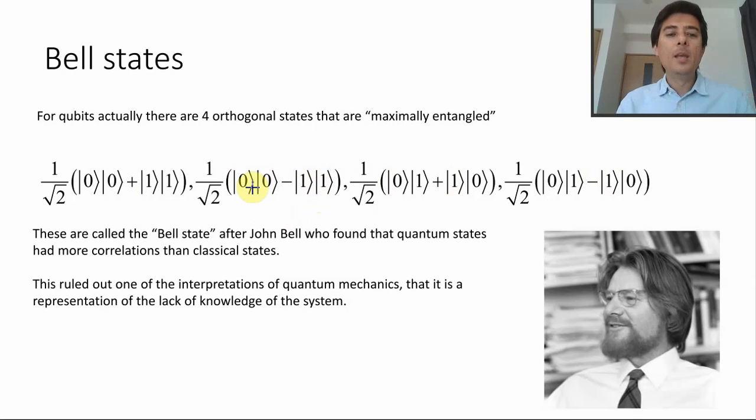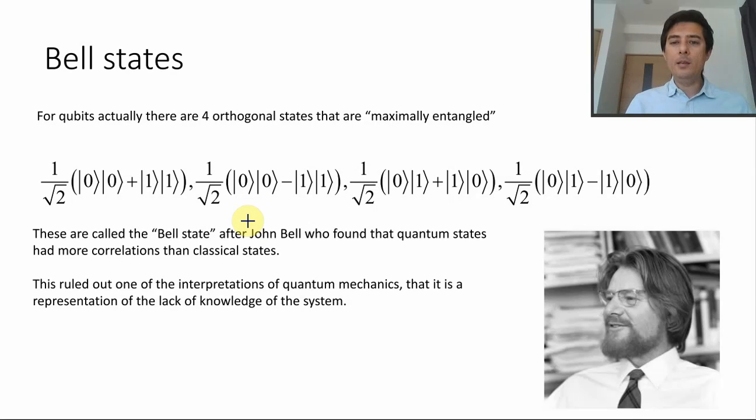These four states are so-called maximally entangled states. These are the most entangled states that you can have with two qubits, right?